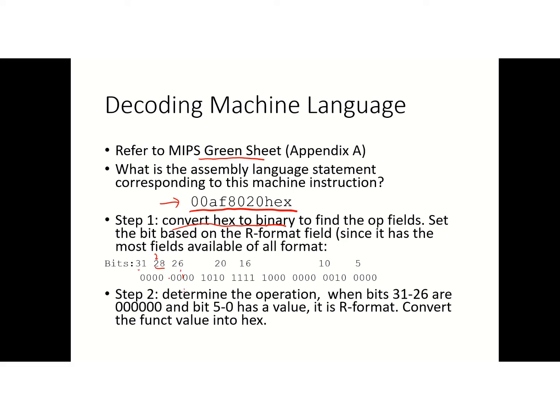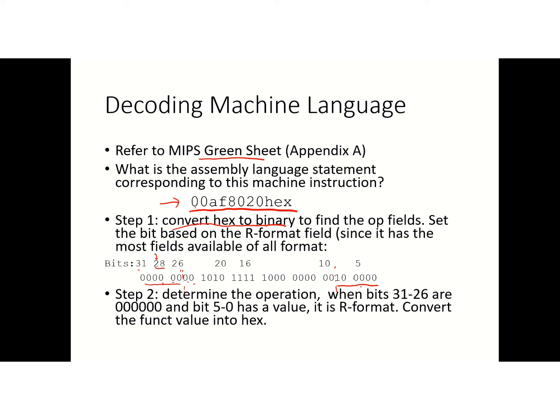So when you convert the hexadecimal here, you will get all the bits, and then you divide it into 6 fields of R format. For the opcode, you will get 000000, and then for the function, you will get 100000. So you will know the opcode is 0 and there's a value for the function.